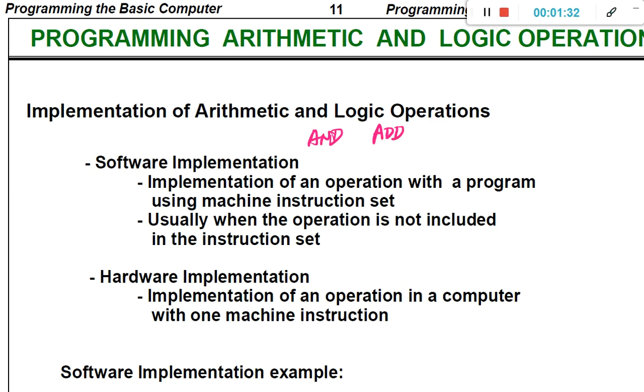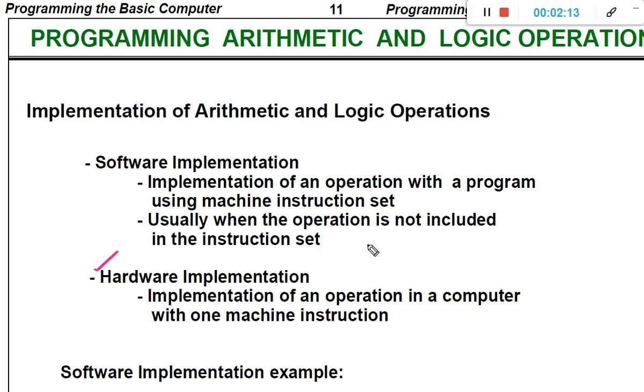Now we can bifurcate the given operations into two categories. The first category is hardware implementation. The set of operations that are given by default, that is the add operation, AND operation, clear operation, circulate right operation, circulate left operation, are all called hardware implementation, because the implementation of these operations is directly written in machine instruction code.